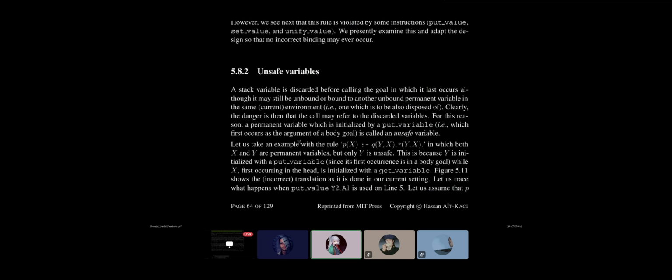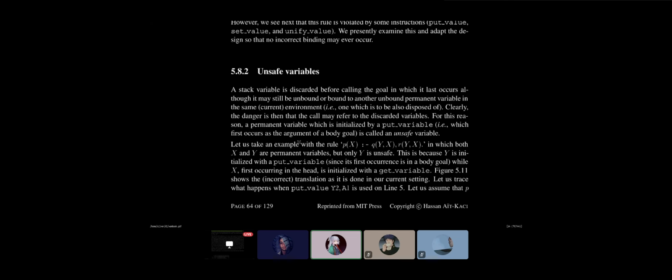A stack variable is discarded before calling the goal in which it last occurs, although it may still be unbound or bound to another unbound permanent variable in the same current environment, one which is to be also disposed of. Clearly, the danger is then that the call may refer to the discarded variables.